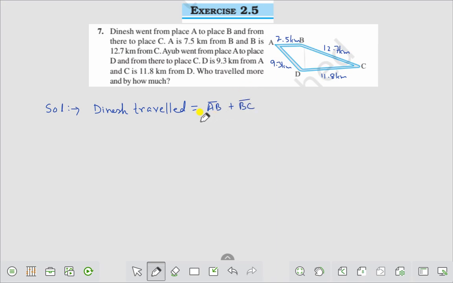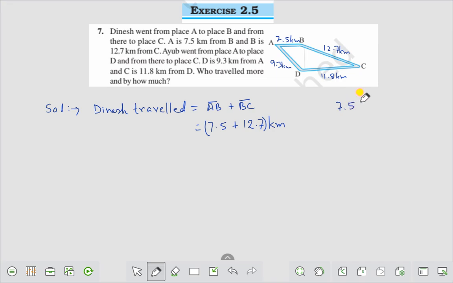What is the value of AB? AB is 7.5 km, and BC is 12.7 km.